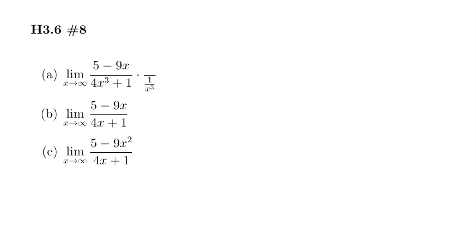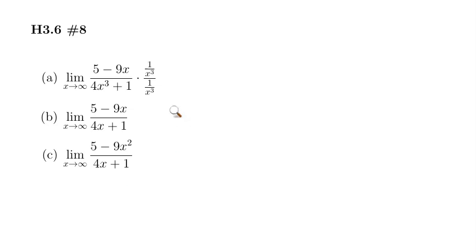Again, the way I chose this is you look for the highest power here. The cubic power is the highest one, so I'm going to divide by x cubed. So we're going to do the top and bottom that way.